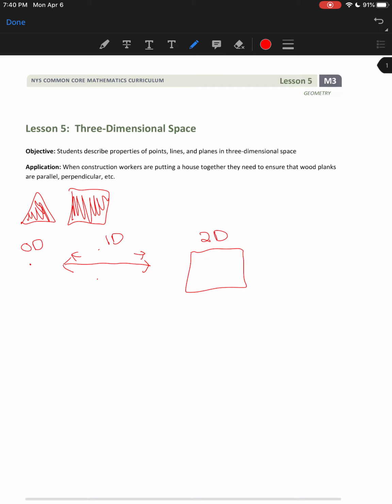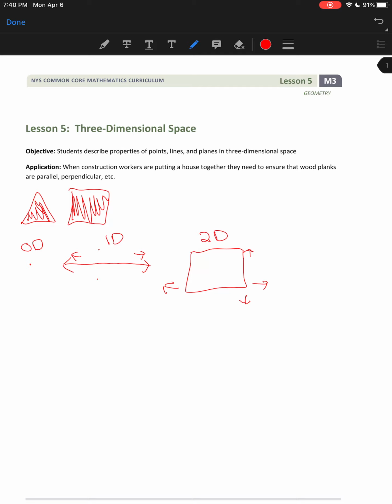Well, it's because, again, you have a line, so you can imagine a square could go this way, right, and that way in some sense. But you'll notice it also goes in this direction, right? So you can see, because of this, a square is a two-dimensional object.